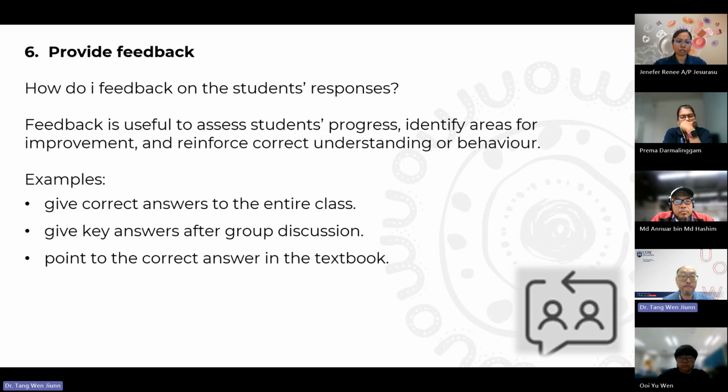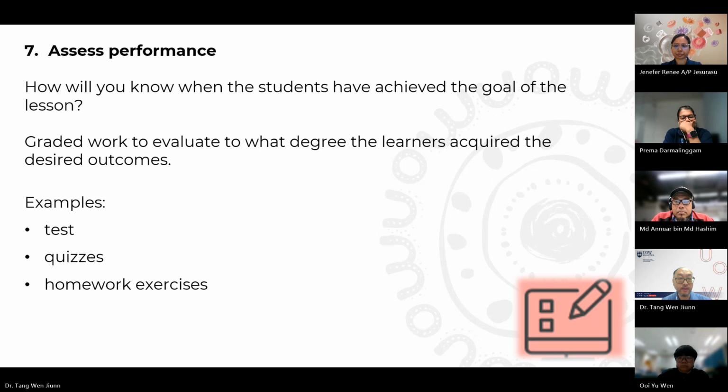Feedback here is not only for the correct answer, but also to correct their misconceptions. Once they understand where they got it wrong and what the correct way to answer is, then we assess performance.